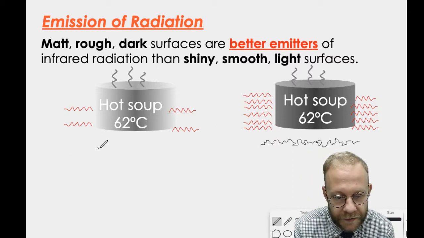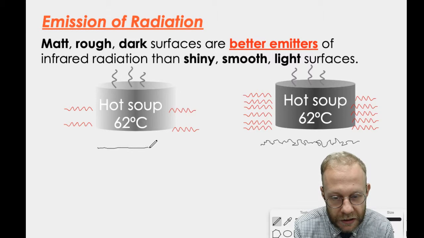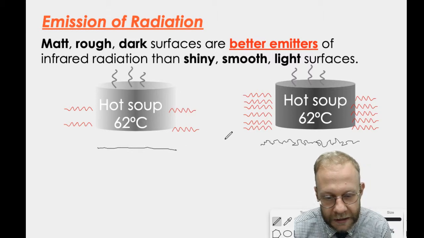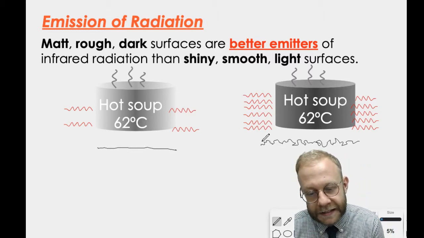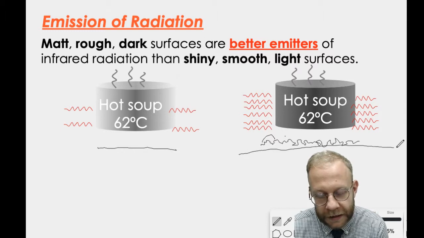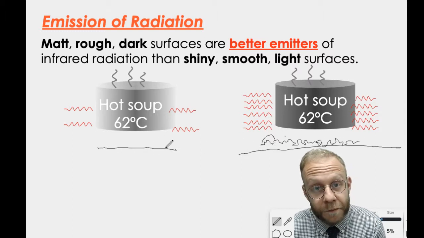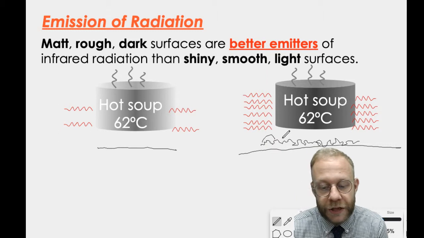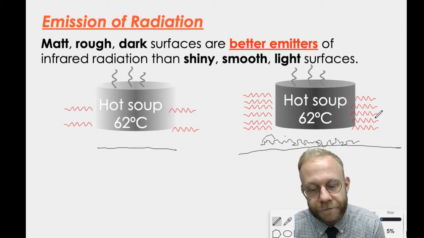And if it's smooth and shiny, then it would be something like this. What this means is that here there's more surface area. If we stretched all of this out, it would go for longer than this side. There'd be more surface area with which infrared radiation can be emitted.